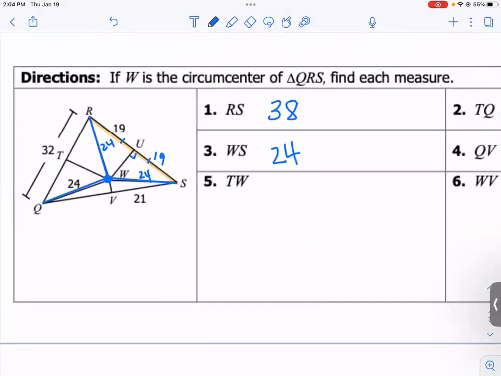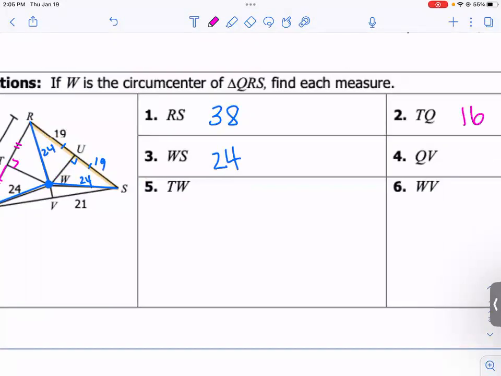Because in number 2, I'm asking you to find TQ. This piece I have highlighted in pink. If we have a circumcenter, that means this is a perpendicular bisector. And so Carson, what is TQ? Great.